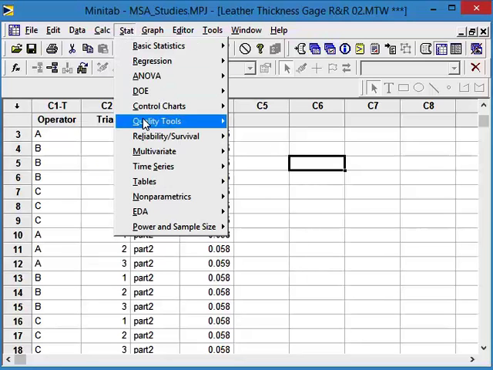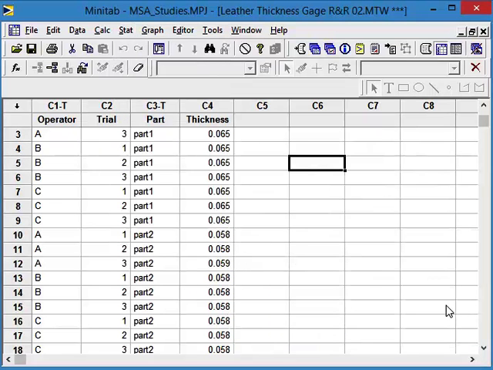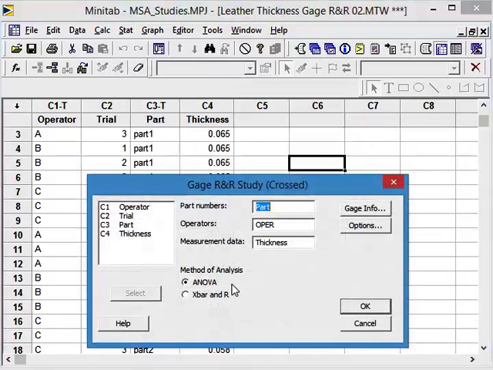So Stat, Quality Tools, Gauge Study, and this will be R&R crossed. All right, the part numbers are in C3, the part. The operator C1 is the operator, and C4 is the thickness.